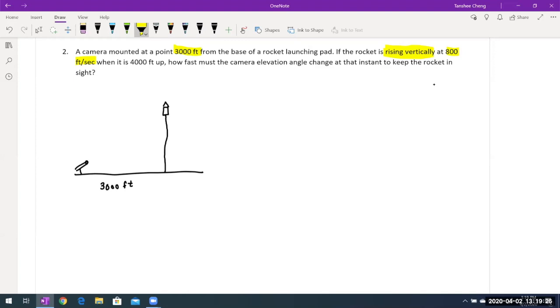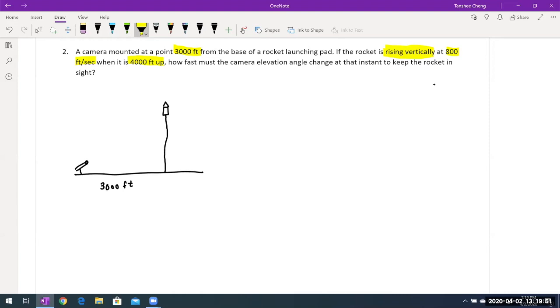It is not going 800 feet per second everywhere. If you read it carefully, it says the rocket is rising 800 feet per second when it is 4,000 feet up. So this is an instantaneous rate of change at this height.